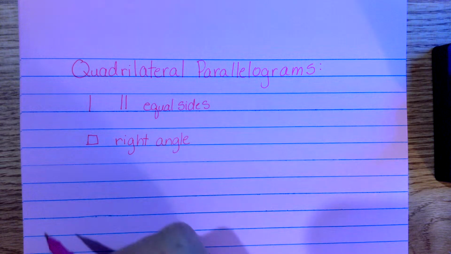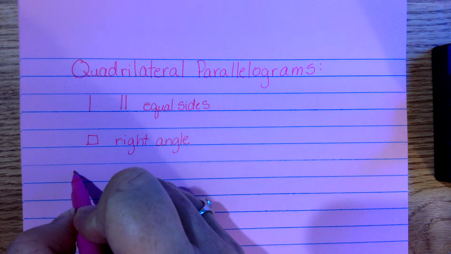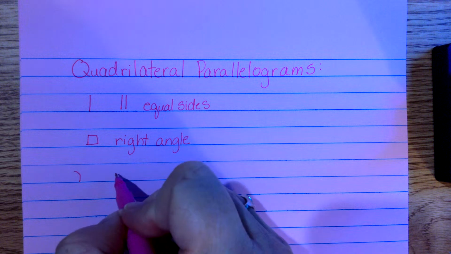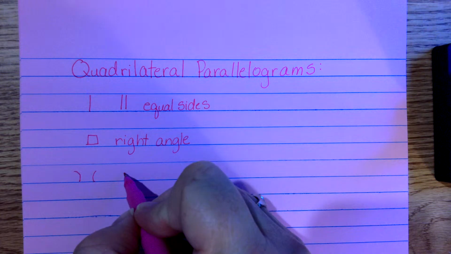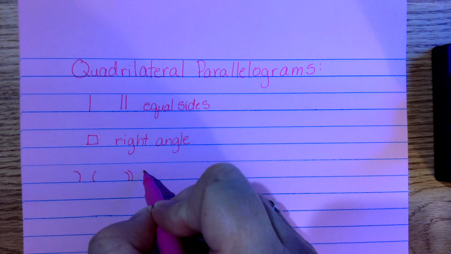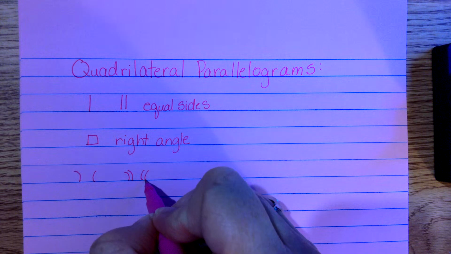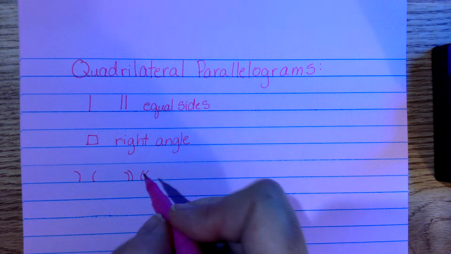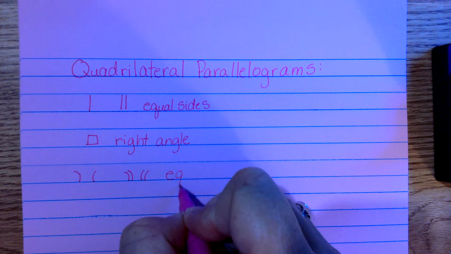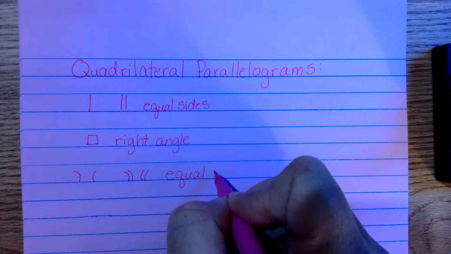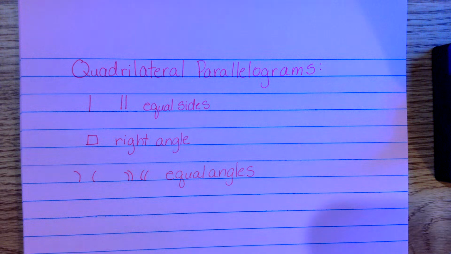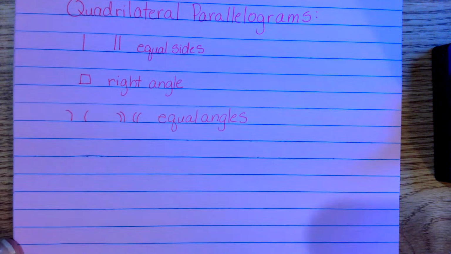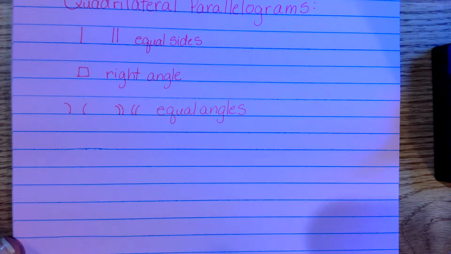And just like I've shown you before, you might see either a roundy round or a double roundy round. So it might look like that, or it might look like this. And these are equal angles. It helps us identify which angles and which sides are equal to one another in our figures that we're going to be working with.